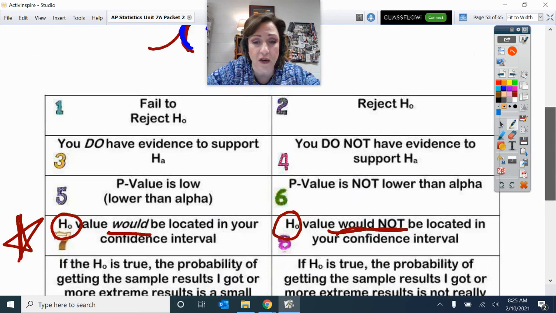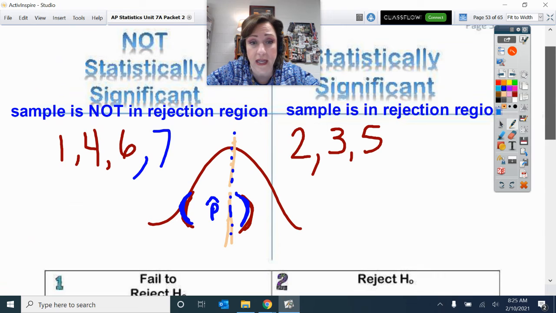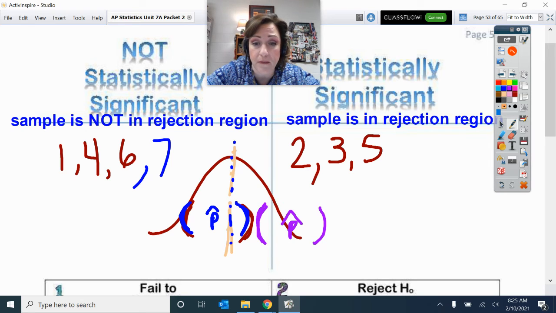So if it is located in the interval, then that is not a significant situation. And if it is not in the interval, let's see what that looks like. If I made an interval, say I got a p hat right here, and when I add plus or minus my margin of error, my lower bound is here and my upper bound is here. What is the relationship?